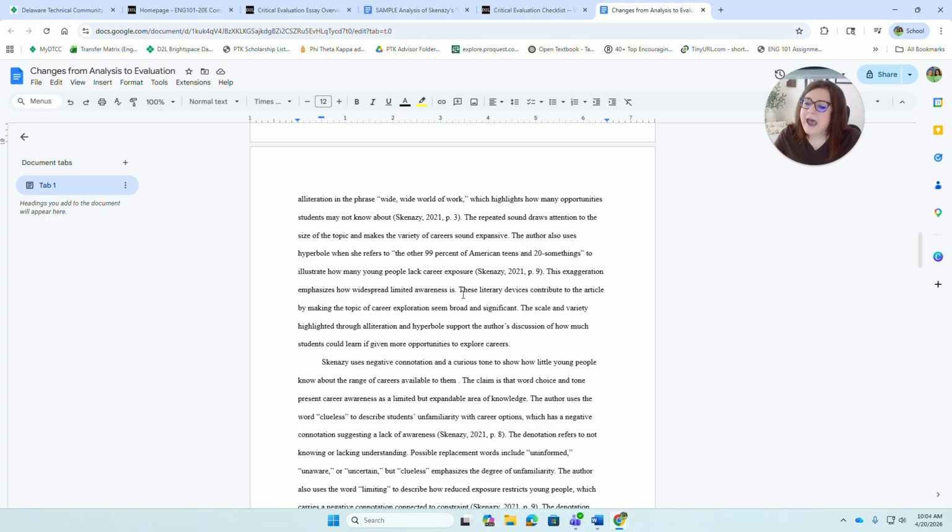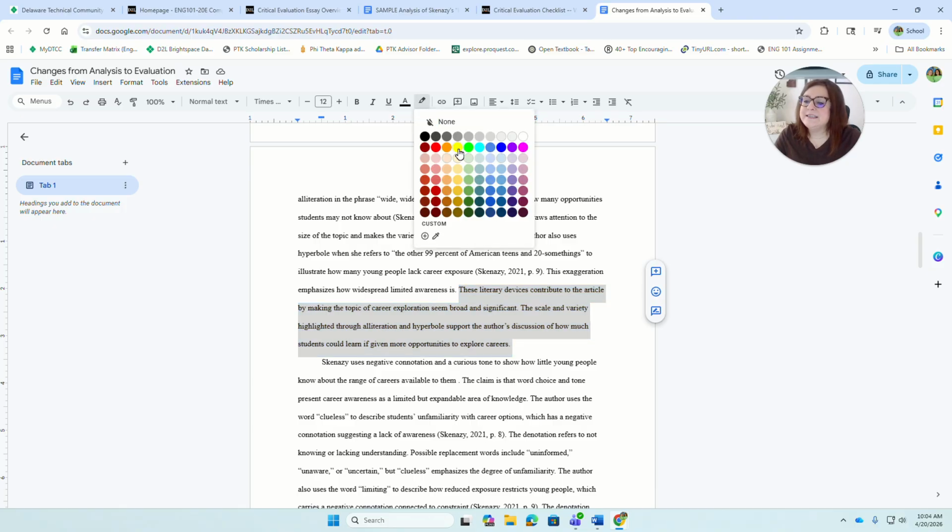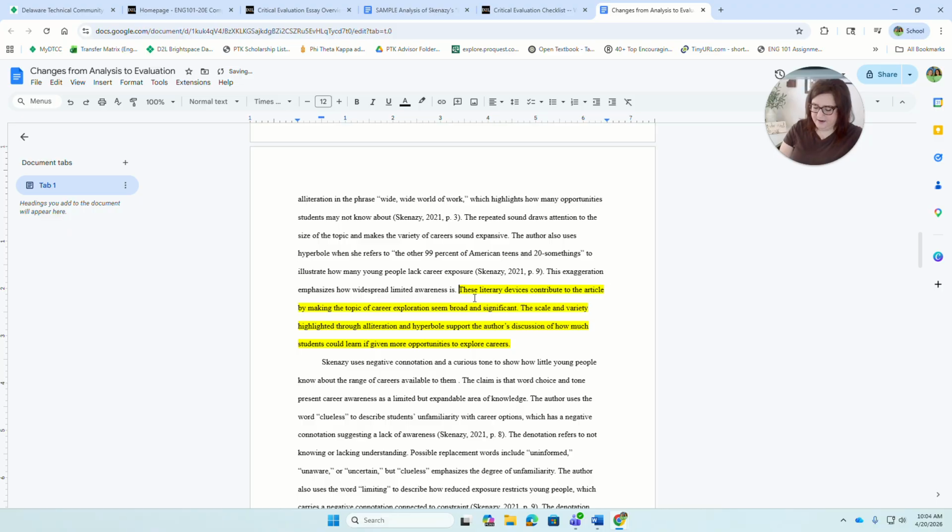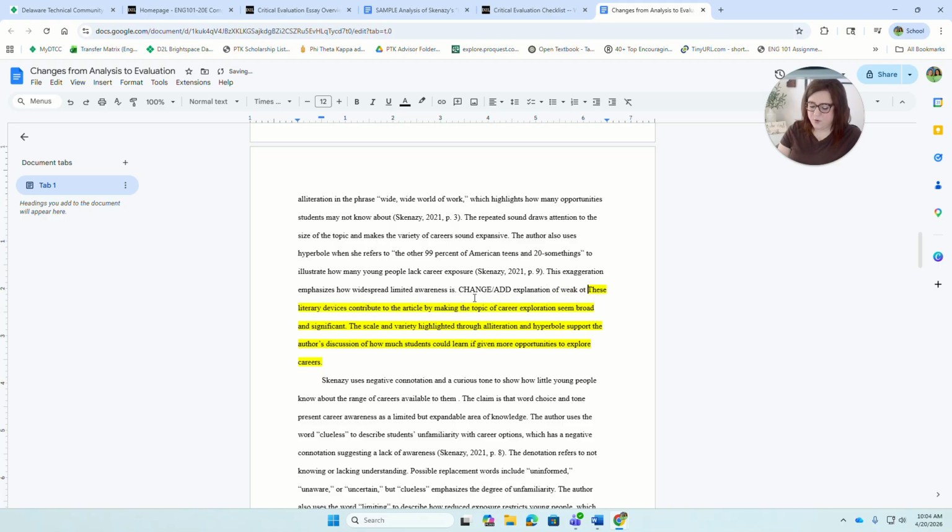Then I'm going to highlight my tie-in, and I'm going to simply put change, or add, explanation of weak or strong. Okay, so we're adding that evaluation in here. It's going to be a little bit longer now.